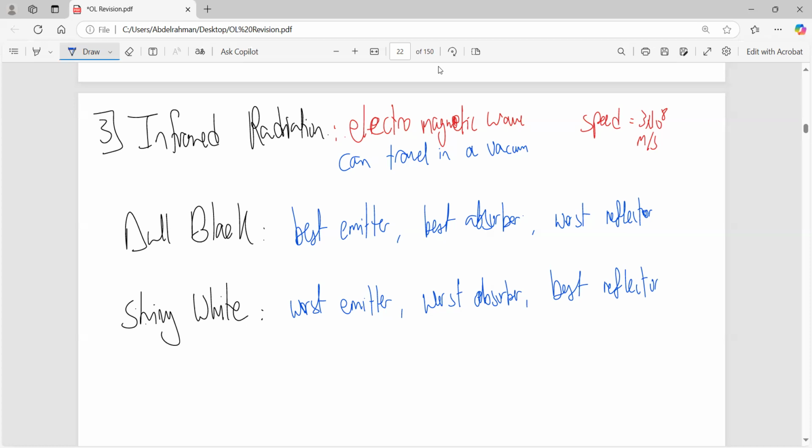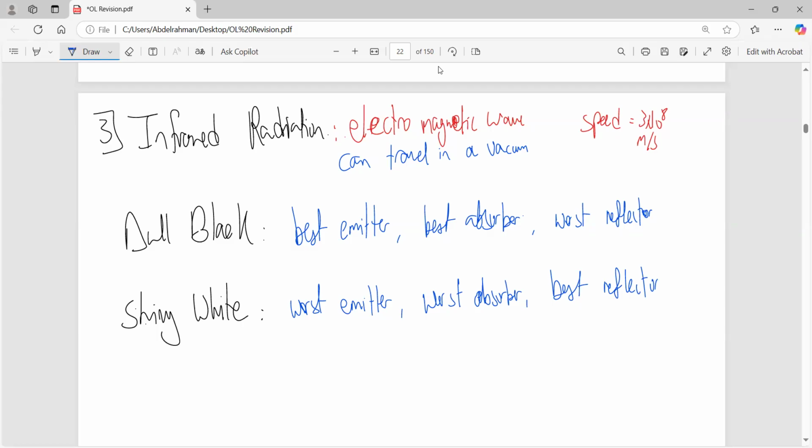It depends on the temperature of the object compared to the environment around it. The same object with the same temperature could be an absorber in a certain environment, and it could be an emitter in another environment.